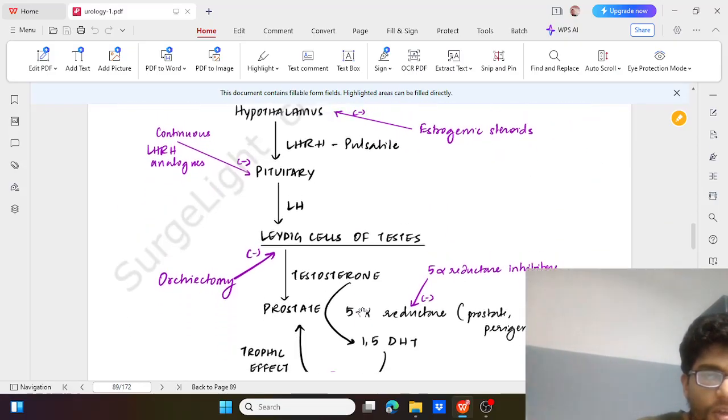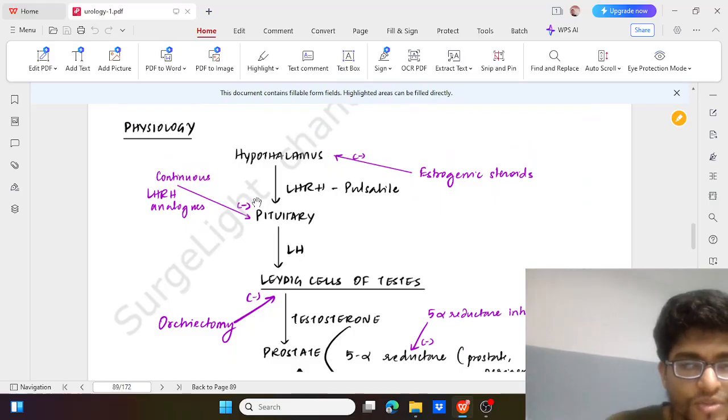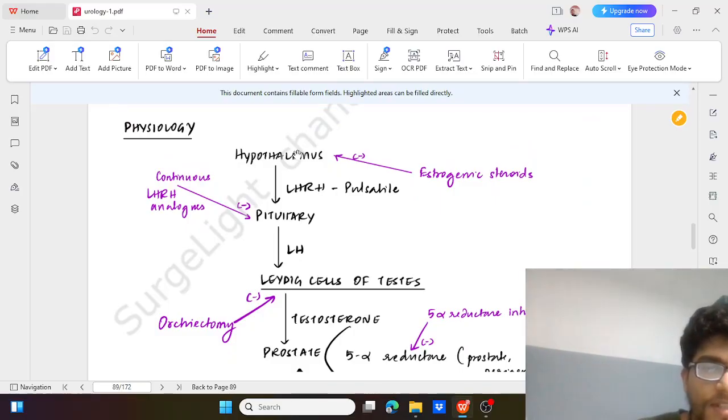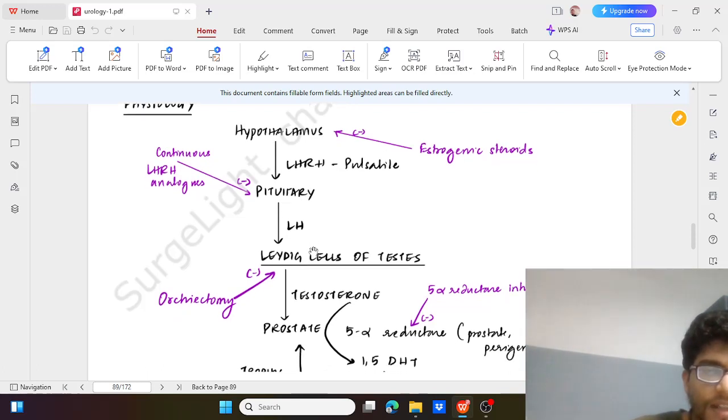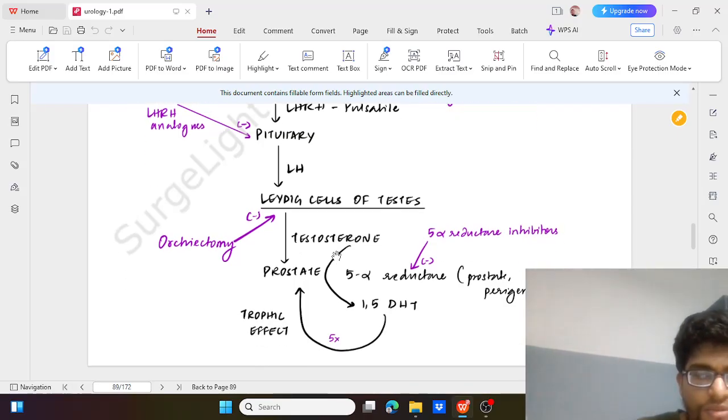Now coming to the physiology. The hypothalamus produces LHRH, LH releasing hormone, in a pulsatile manner, which acts on the pituitary, giving rise to LH. LH stimulates the Leydig cells of the testis, which give rise to testosterone. Testosterone acts on the prostate.